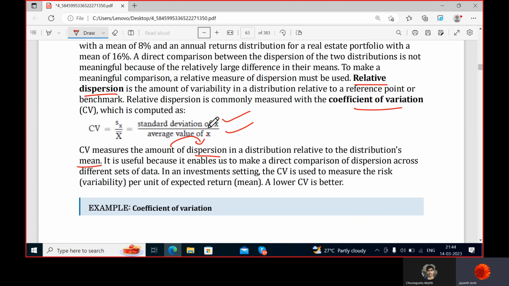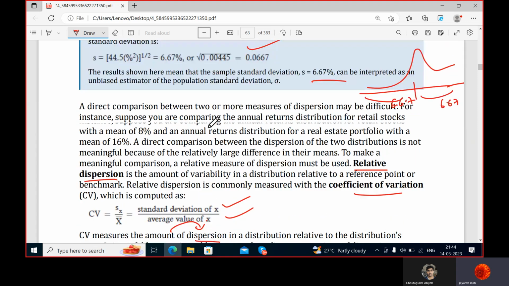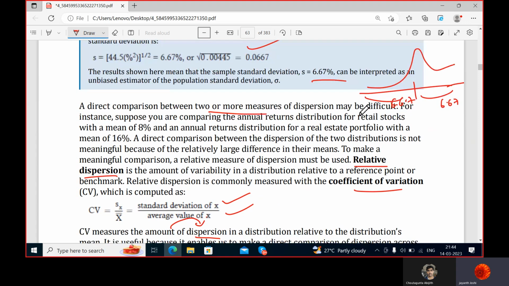So let's see here. A direct comparison between two or more measures of dispersion may be difficult. For instance, suppose you are comparing the annual returns distribution for retail stocks with a mean of 8% and an annual return distribution for a real estate portfolio with a mean of 16%. A direct comparison between the dispersion of two distributions is not meaningful because of the relatively large difference in their means, correct?